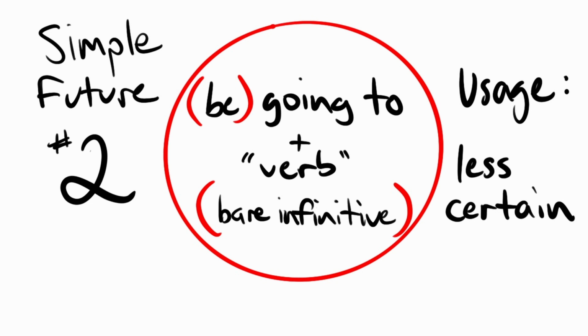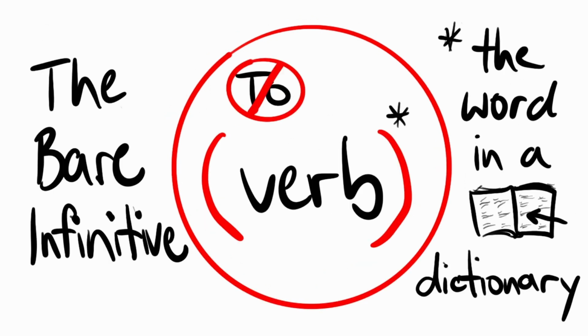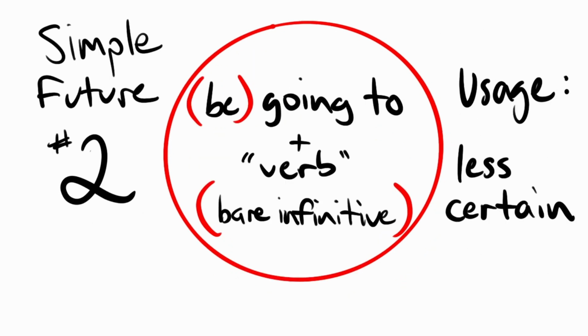So the second of the simple future tense verb constructions is this idea of be going to and then whatever the verb is. And again, that is going to be your bare infinitive at the end of that construction. This be at the beginning of this construction is subject to change, and that's why I put it in those brackets there, right? We're not using be. It's either going to be I am, you are, they are, he, she, it is.